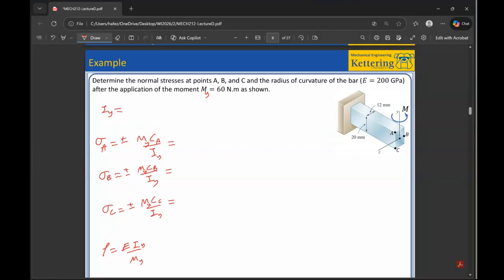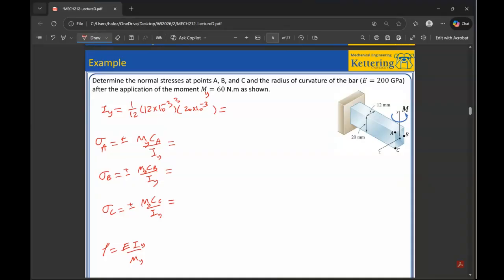So IY, again, still rectangular cross section, 1/12 base times height. One of them is cubed, 12 by 20. So I put that in. And one of them is cubed. We said the one that is perpendicular to the axis, perpendicular to Y, is 12.